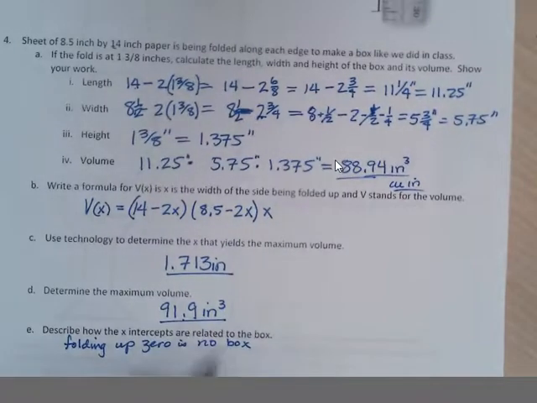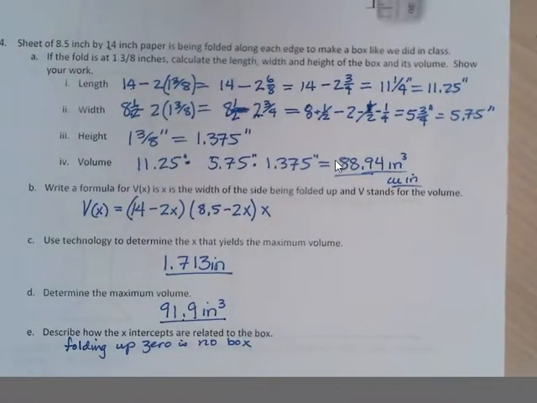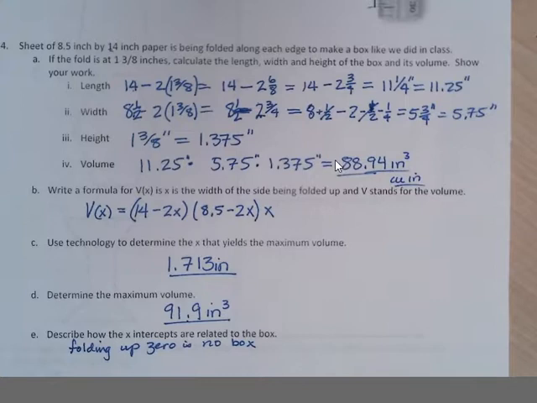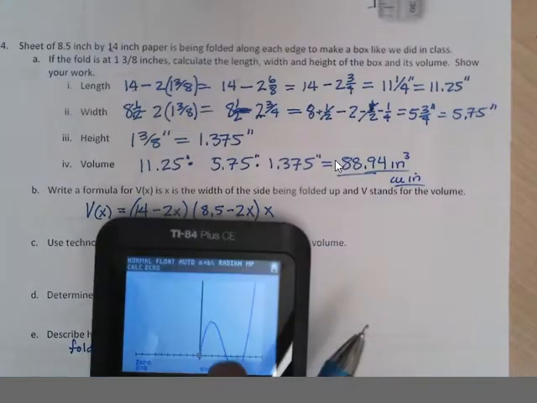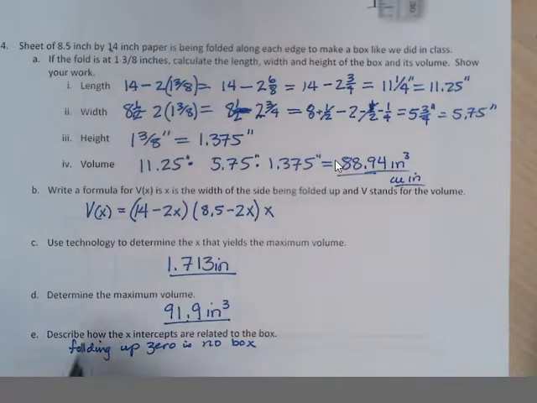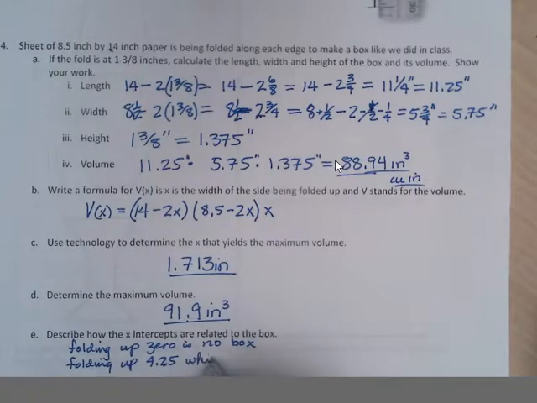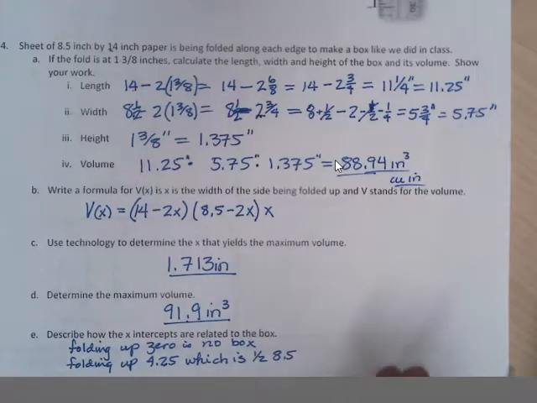Folding up 0 creates no box. If you fold it up at 4.25, that's half of the 8.5.